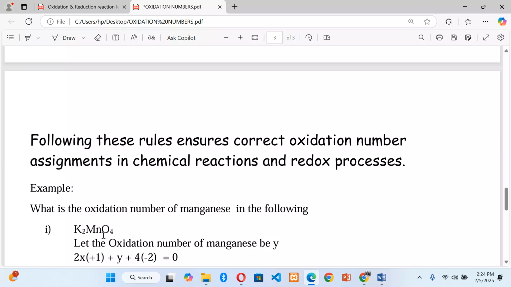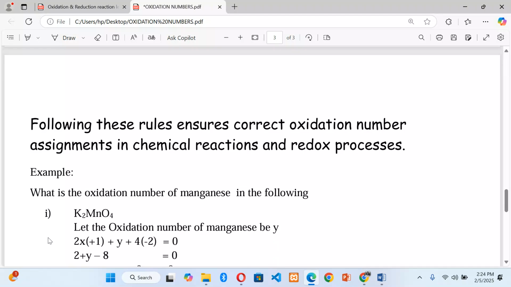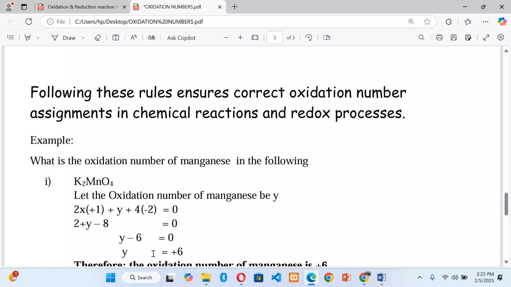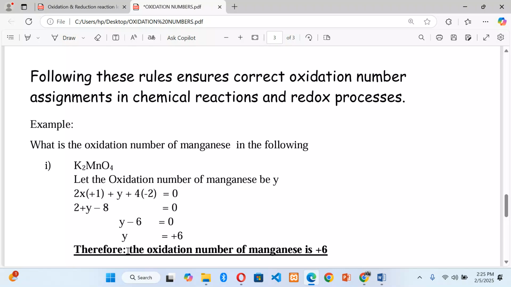Because the sum of oxidation numbers of a neutral compound equals 0. So 2 times 1 is 2, plus Y, plus 4 times -2 which is -8. So 2 minus 8 plus Y gives Y minus 6 equal to 0, and finally Y is equal to +6. Therefore, the oxidation number of manganese is +6.